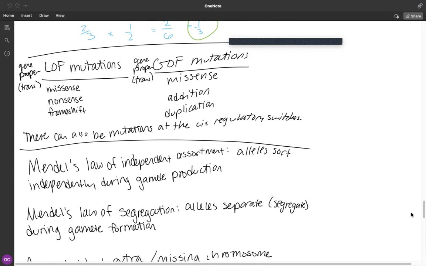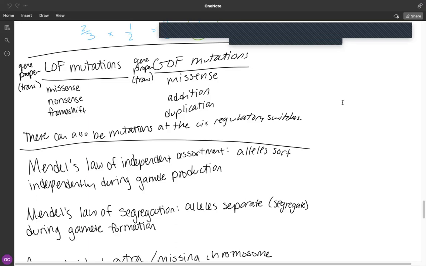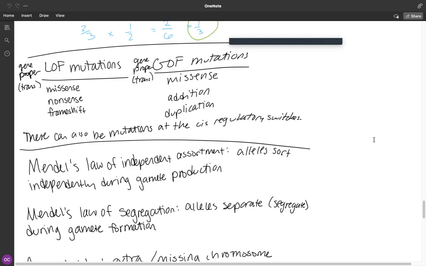And then a frameshift is an addition or deletion of nucleotides of a number that's not divisible by 3. And because codons are read as 3 nucleotides, everything downstream of that mutation site would have its sequence affected.